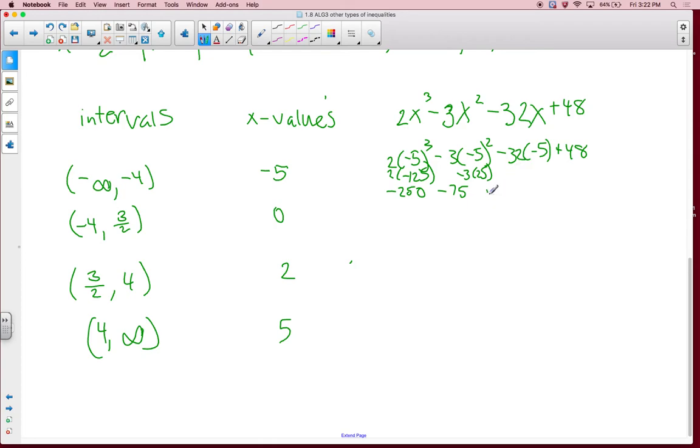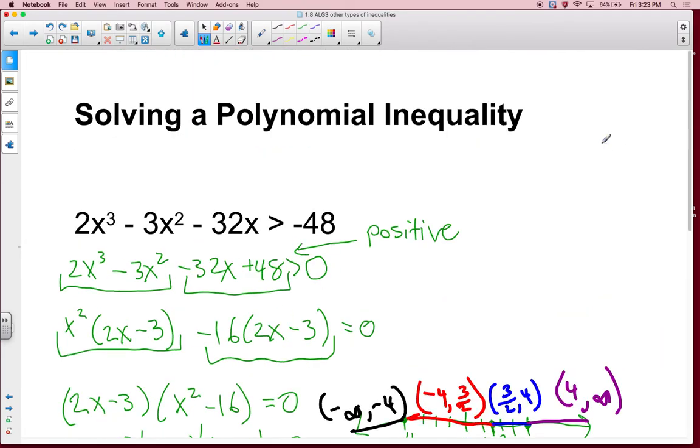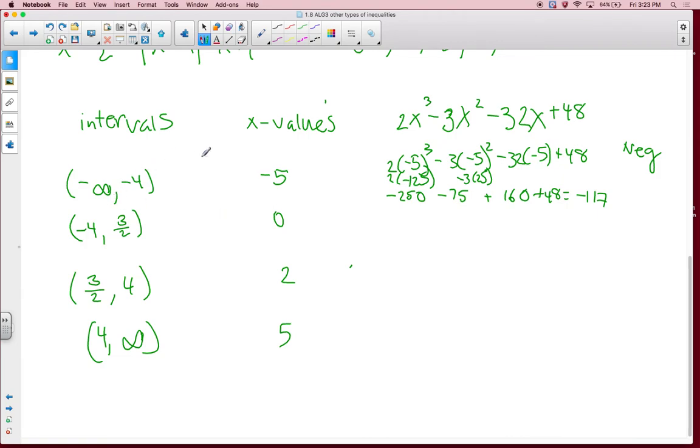This is going to be a plus 160 and plus 48. Okay, putting that in my calculator so I don't get it wrong. Negative 250 minus 75 plus 160 plus 48 is negative 117, which came out to be negative. We don't want it to be negative though. We want it to be positive, greater than 0. So that one is not included.